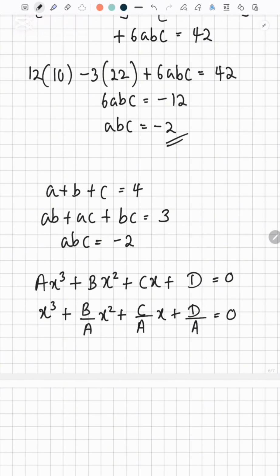So what I want to tell you is that a, b, c are roots of a cubic polynomial. Okay?